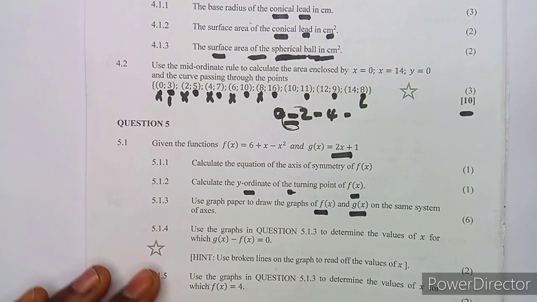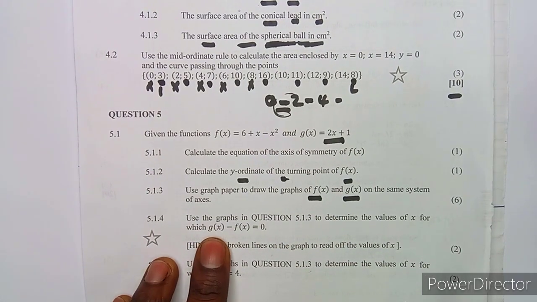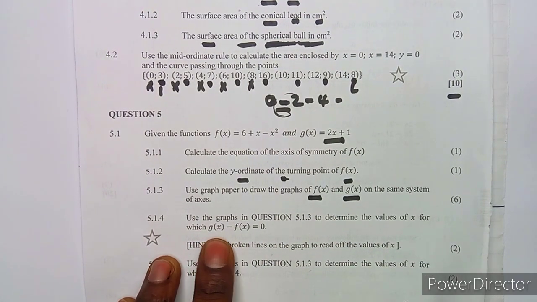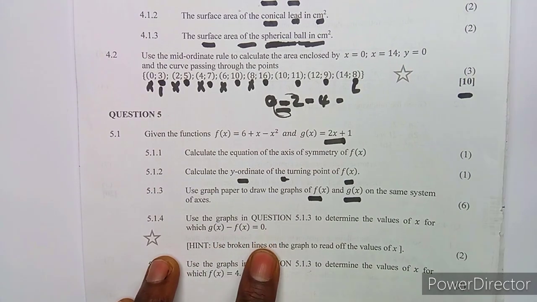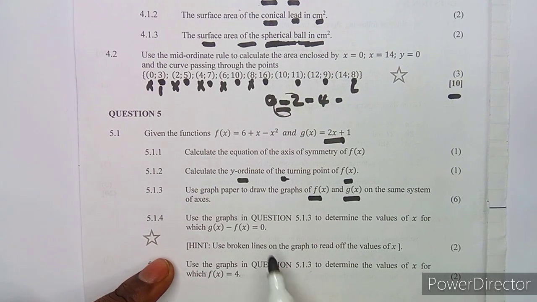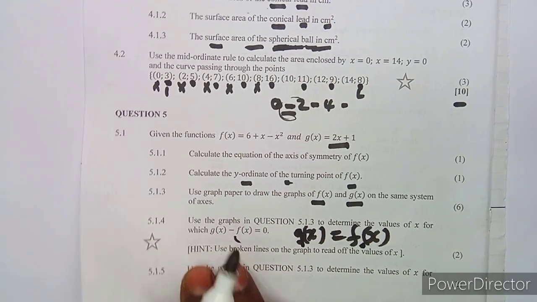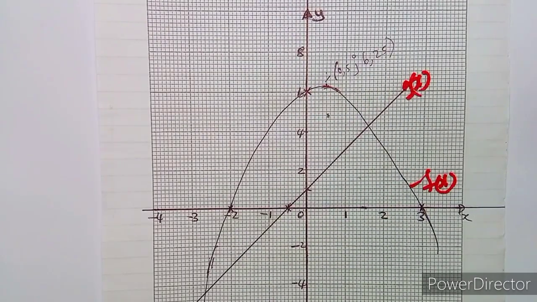Now use the graph to determine the values of x for f(x) minus g(x) is equal to 0. If you transpose this, it is going to be g(x) is equal to f(x). So you're simply saying g(x) and f(x) are equal. Remember, when they are equal, that is the point of intersection.